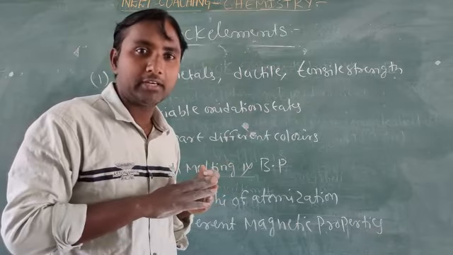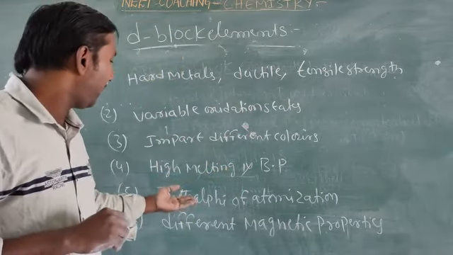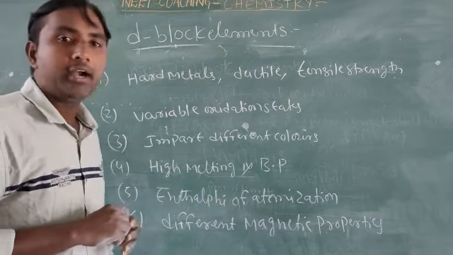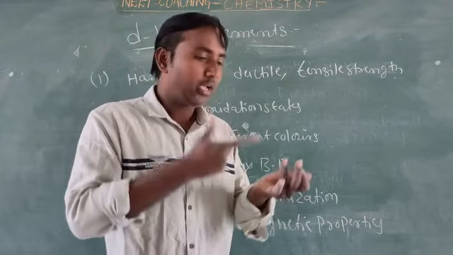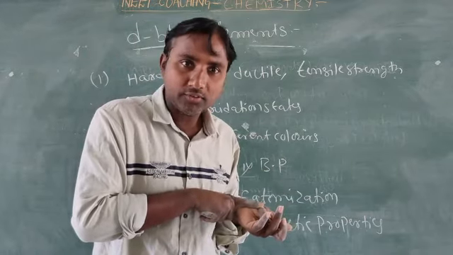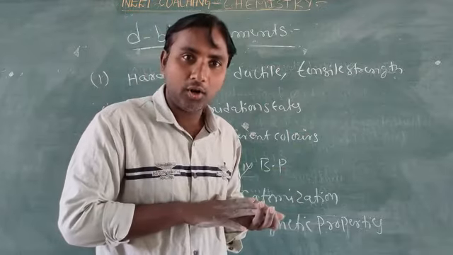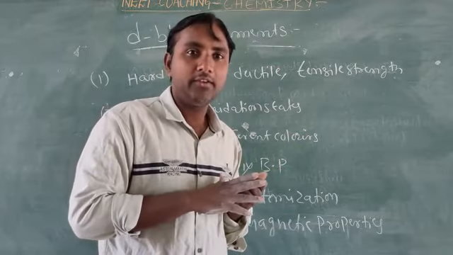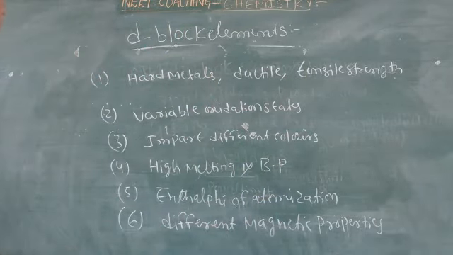Due to unpaired electrons also, d block elements show high melting and boiling points and high enthalpy of atomization. So due to small atomic size, vacant orbitals and unpaired electrons, d block elements show different characteristics.